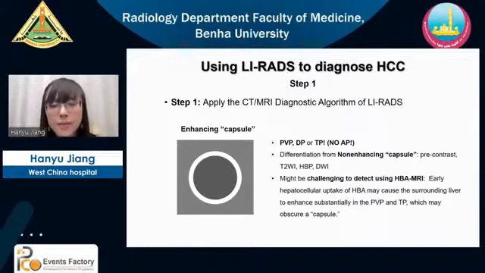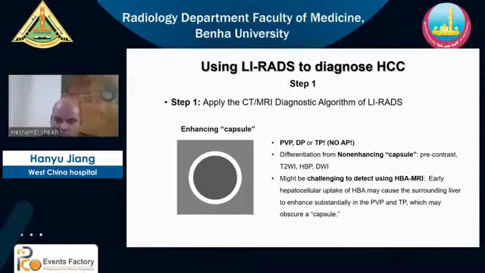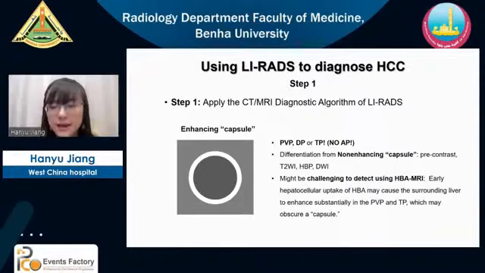This feature might be challenging to detect using hepatobiliary phase contrast agent enhanced MRI because the early hepatocellular uptake of the contrast agents may cause the surrounding liver to enhance substantially in the portovenous phase and transitional phase, which may obscure a real capsule.